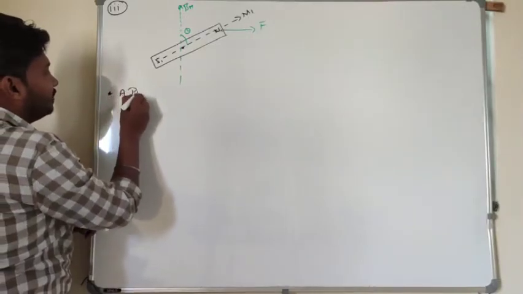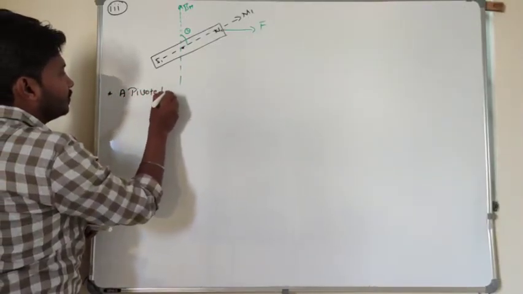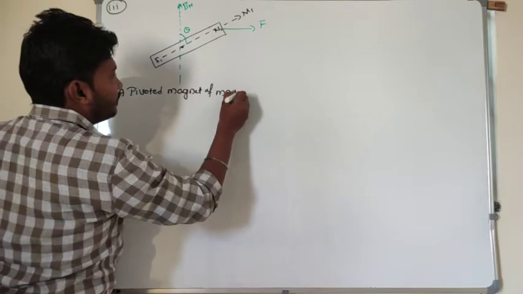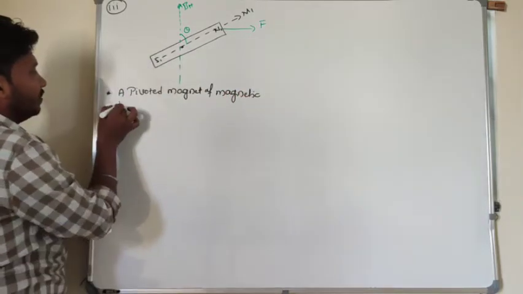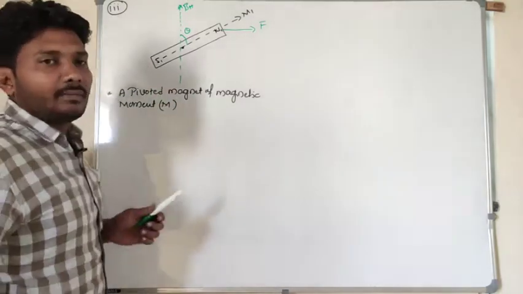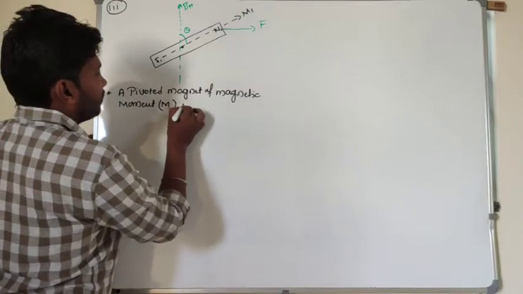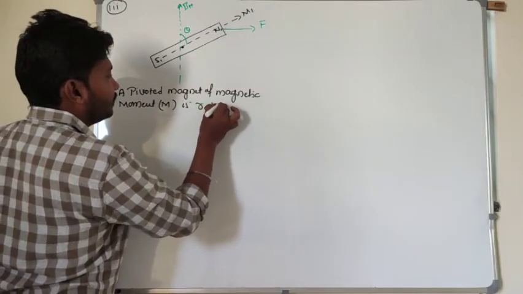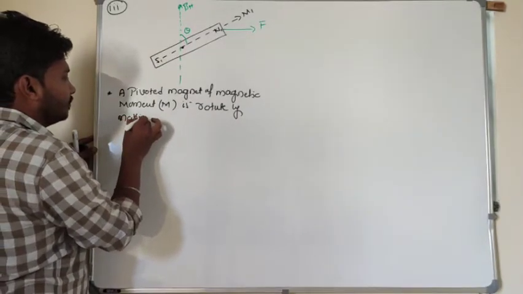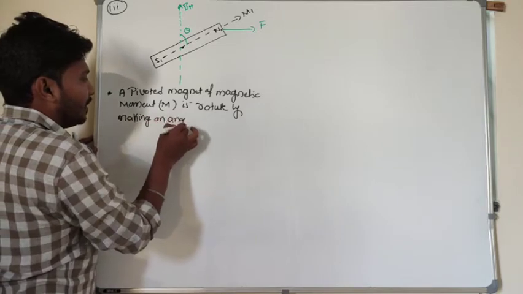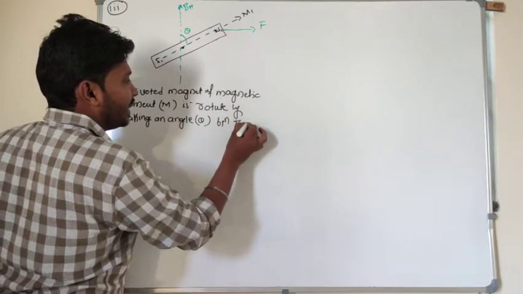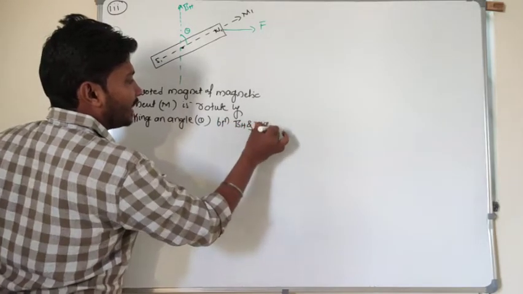A pivoted magnet of magnetic moment M is rotated by making an angle theta, so theta is the angle between B of H and the magnetic meridian.